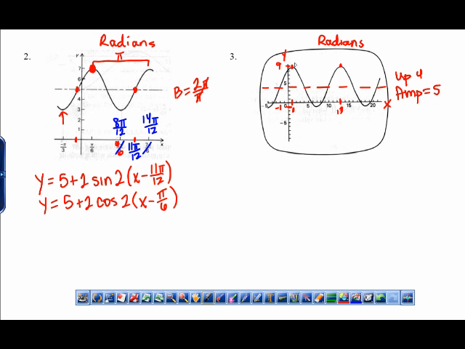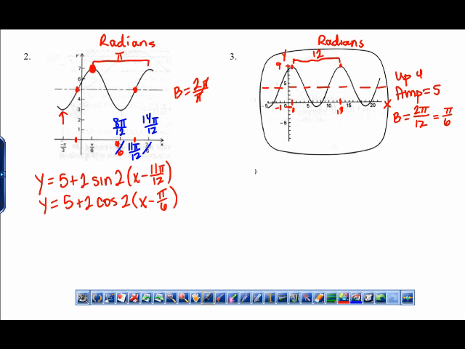Alright, so if I went from 1 to 13, that is a period of 12. So if the period is 12, then the b value, remember we're in radians, would be 2 pi over 12, which would be pi over 6.